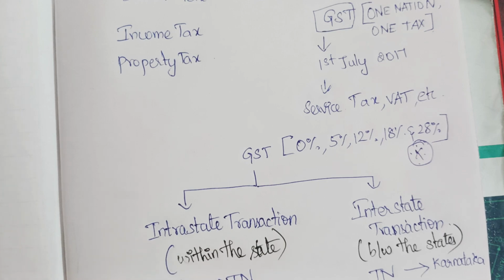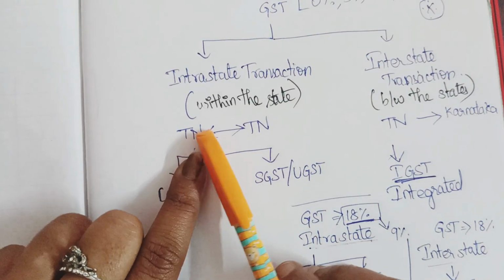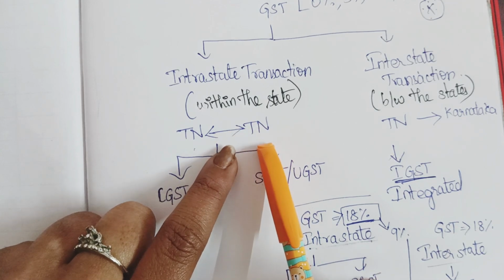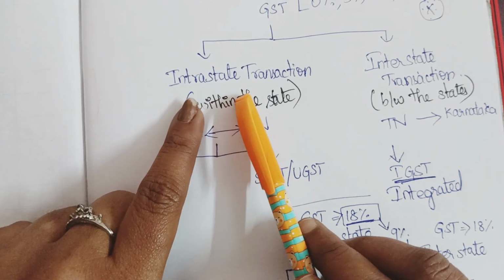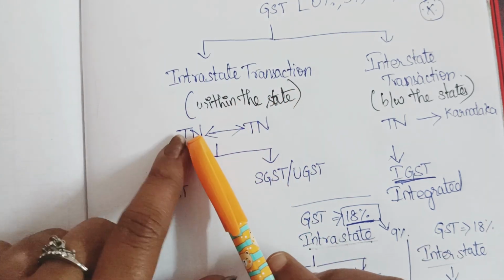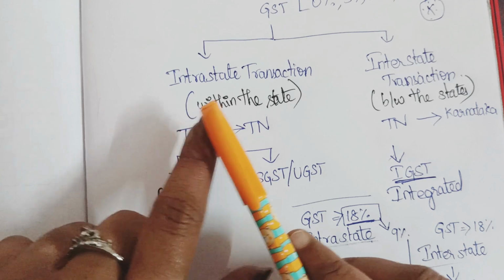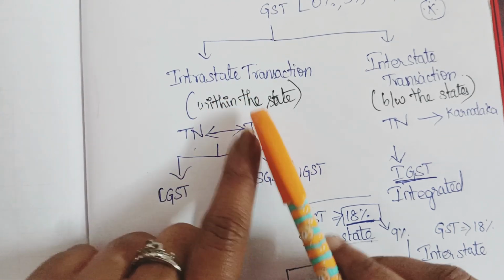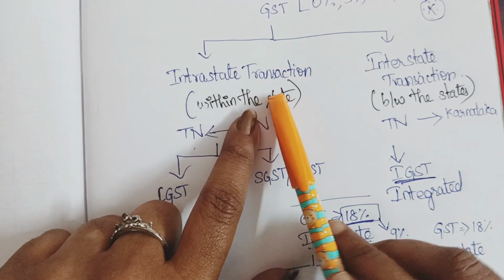A product, if we are producing in Tamil Nadu and we are selling again in Tamil Nadu, we say that as intrastate transaction. So I think you will be clear now. Product is produced in Tamil Nadu and it is going to be sold again in Tamil Nadu. We say it as intrastate transaction.